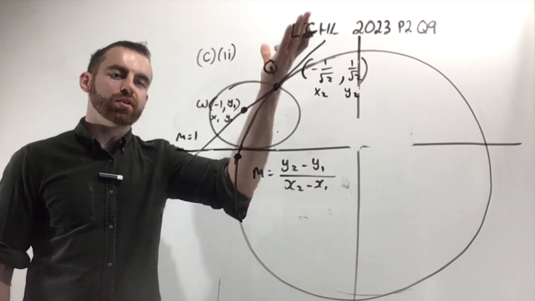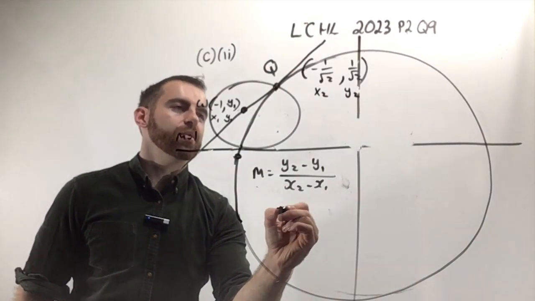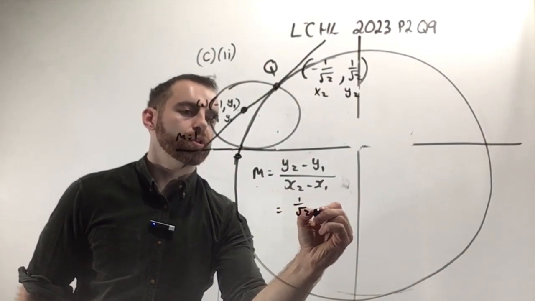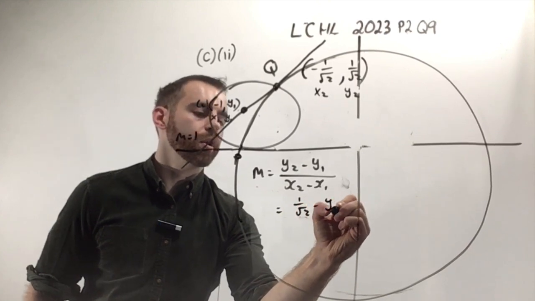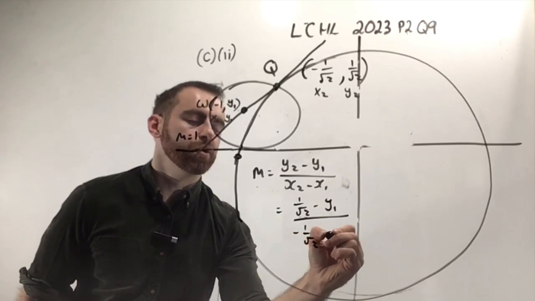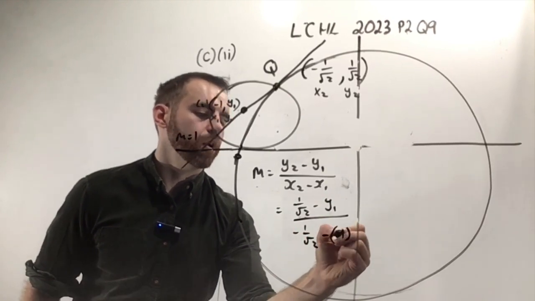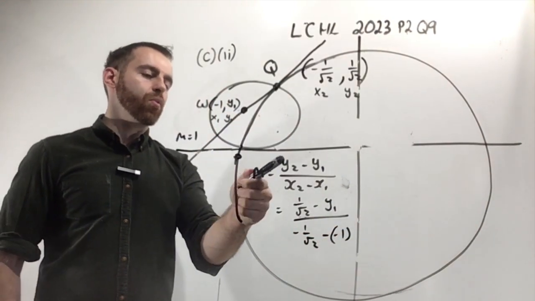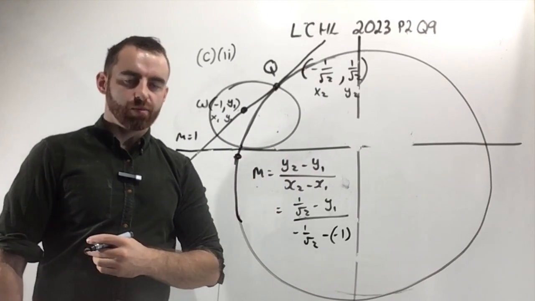If I was to work out the slope of this line, it would simply be 1 over root 2 minus y1, whatever that is, divided by -1 over root 2 minus -1. All I'm doing there is subbing in y2 minus y1 over x2 minus x1.